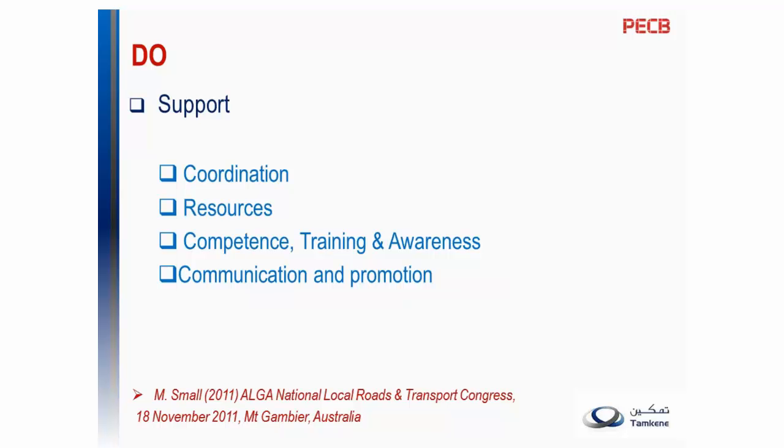Also the allocation of resources, the competence, training and awareness, and the promotion of the road traffic safety management system, or as basic as the performance indicator of the company.